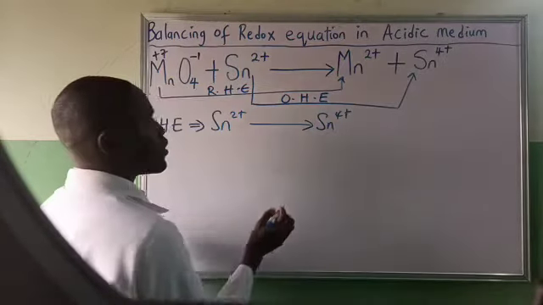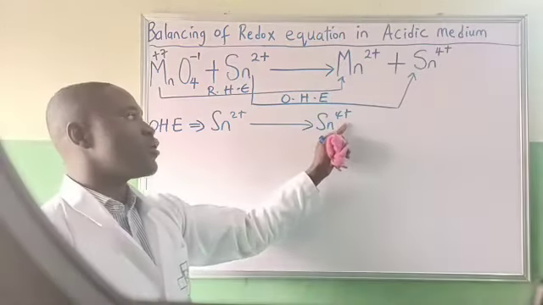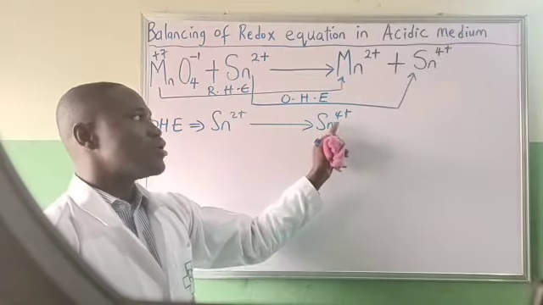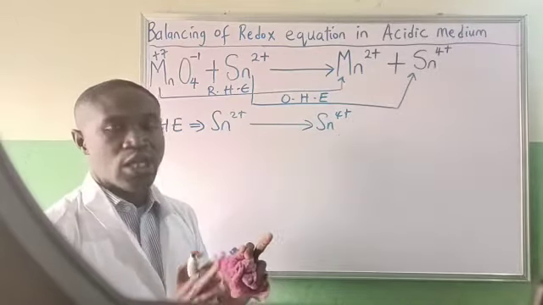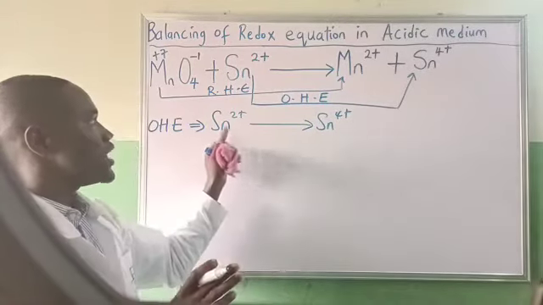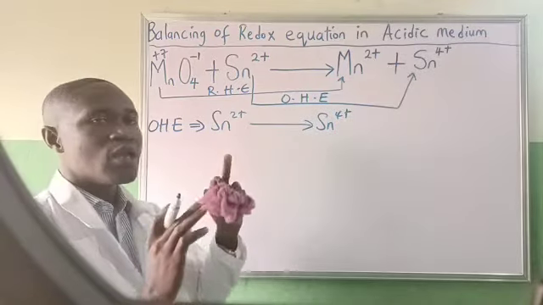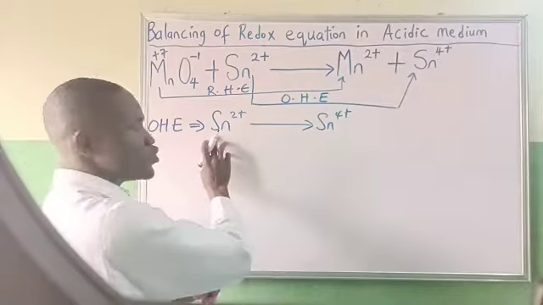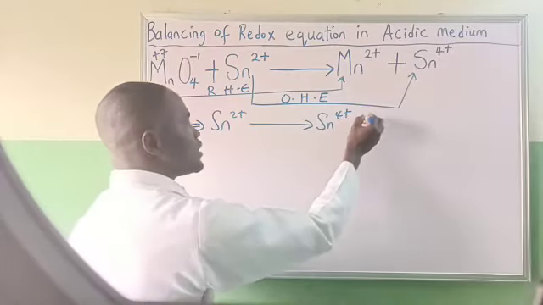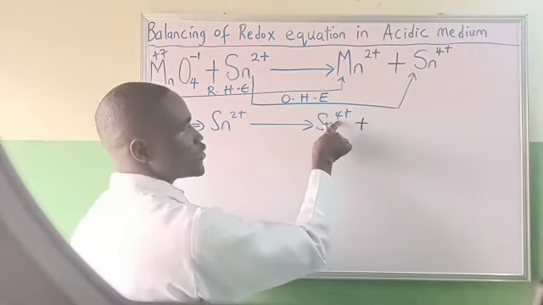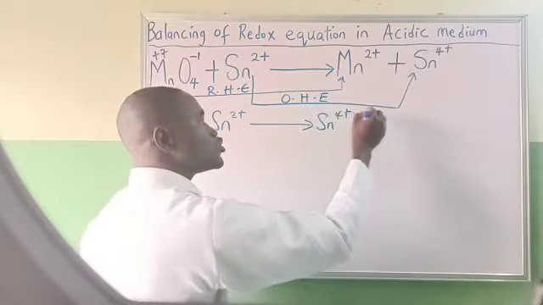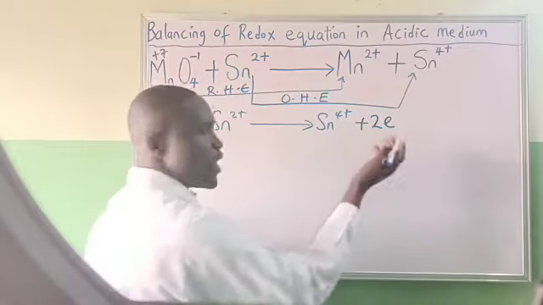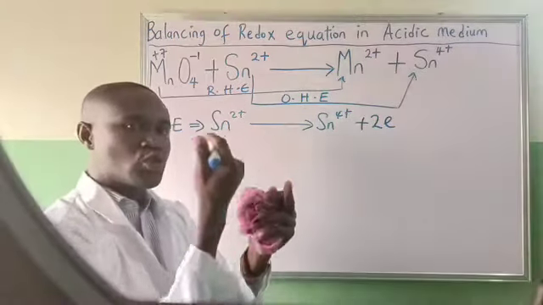When you see Sn4+, that means this thing lost 4 electrons. Sn2+ means it lost what? 2 electrons. How can this get to this? That means this thing that lost 4 electrons must gain 2 electrons. It must collect 2 electrons.